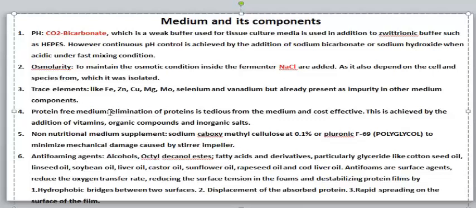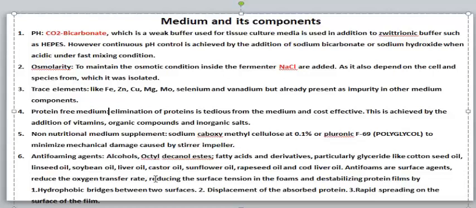It's not the constituents. Next is the protein-free medium. If protein is in large amount, means foaming will be higher. If foaming is higher, then we have to add anti-foam agents, alcohol, octyl, decanol esters, fatty acids to reduce the foaming, because this alters the rate of formation of product, which is achieved using these chemicals.